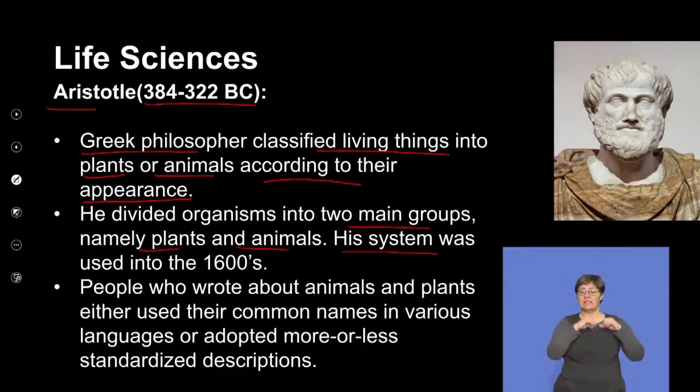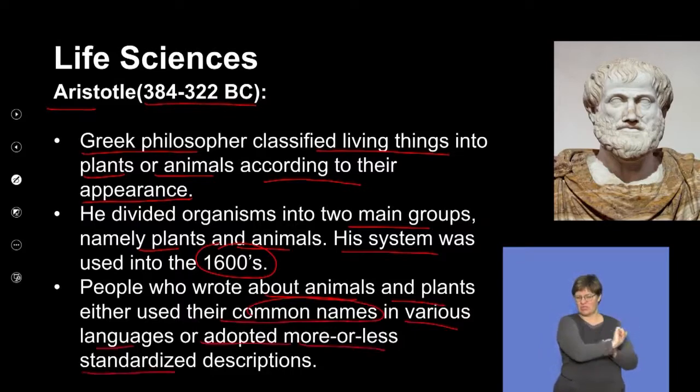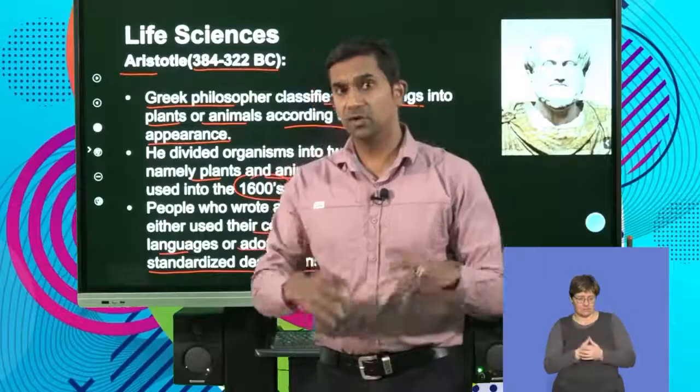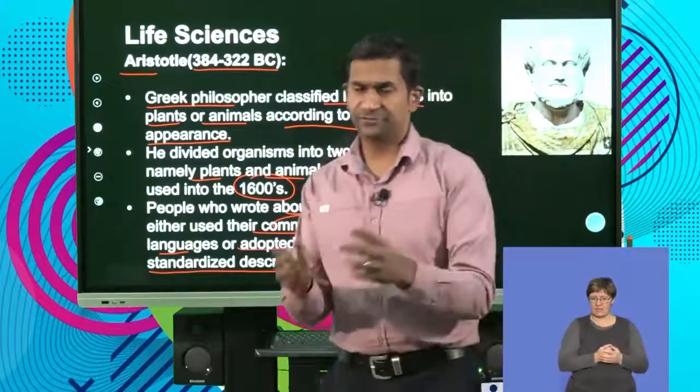His system was used in the early 1600s. People wrote about animals and plants, either using their common names in various languages, or adopting a more or less standardized description. So guys, we know that when we talk about different areas around the world, we all have different languages.